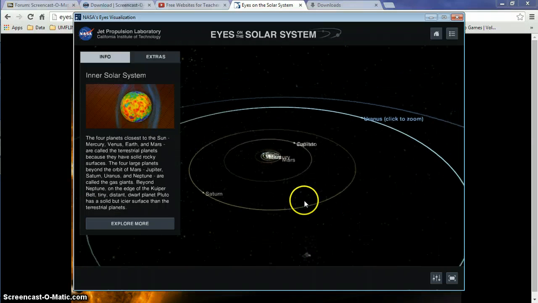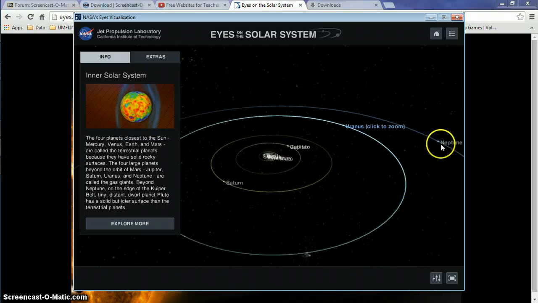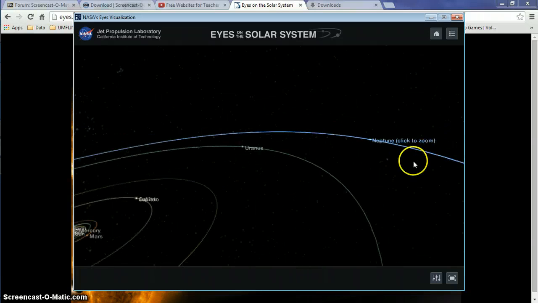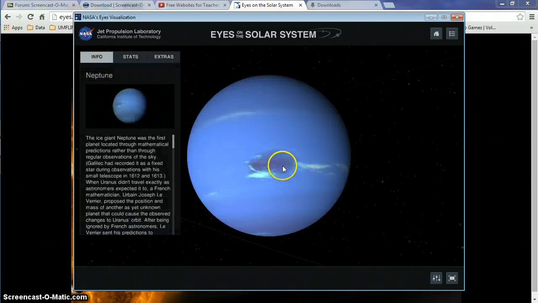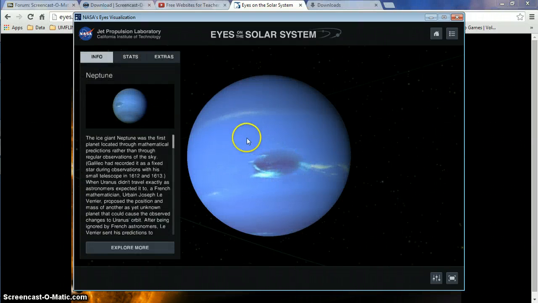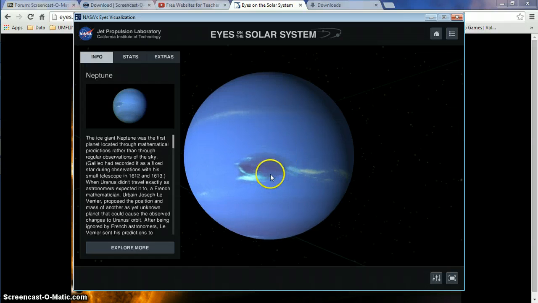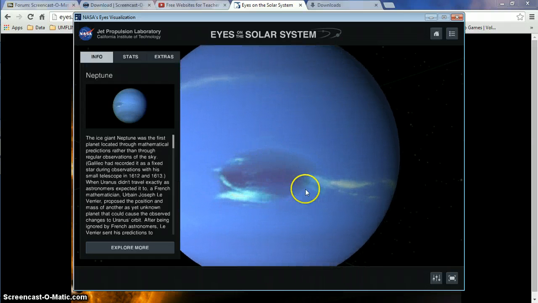All right, moving on past Uranus, we have to zoom out. We're getting very far, and here's our farthest normal-sized planet, Neptune. Right? So Neptune is a very blue planet. It's also very interesting: you see this dark blue spot, similar to the dark red spot on Jupiter.